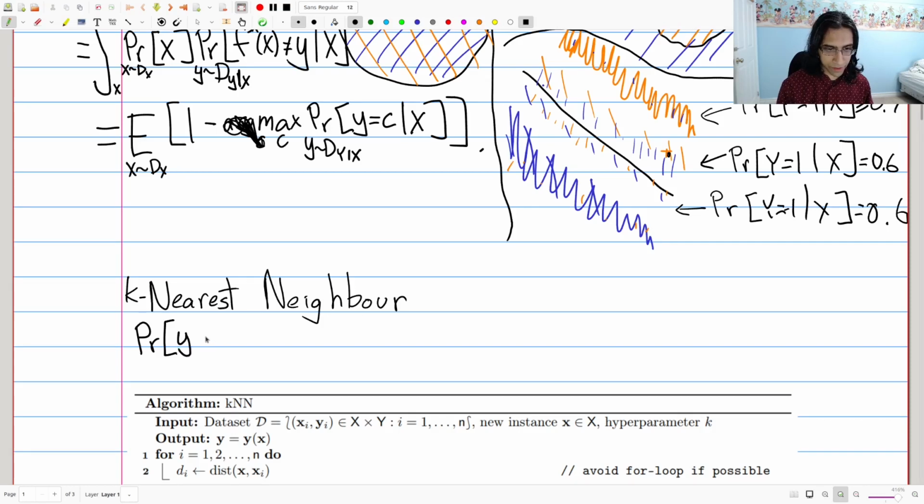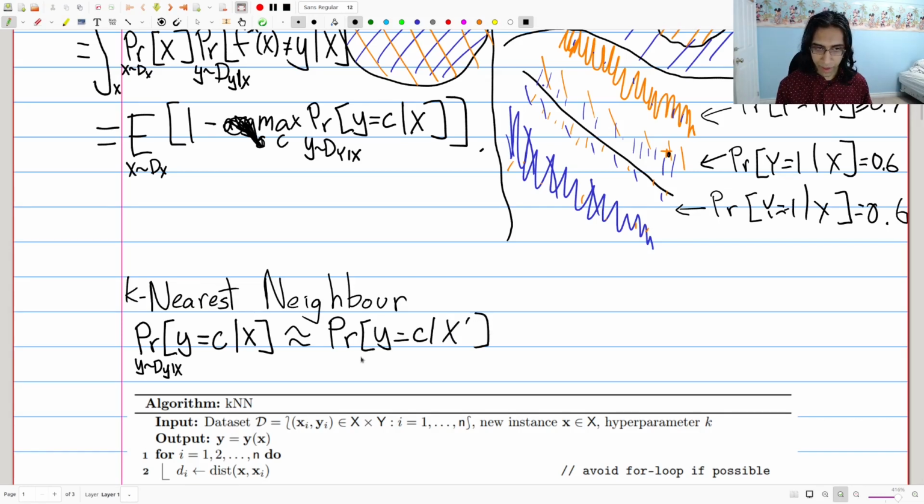You're saying the probability that y is equal to c conditioned on x, for y drawn from d of y given x, is close to the probability that y is equal to c conditioned on x prime.